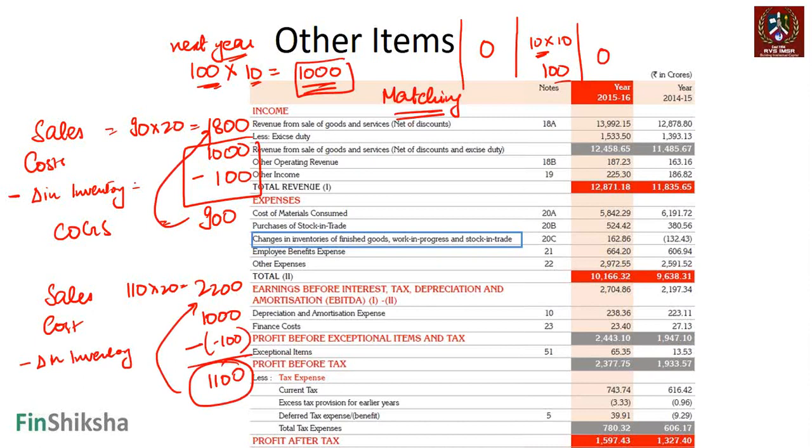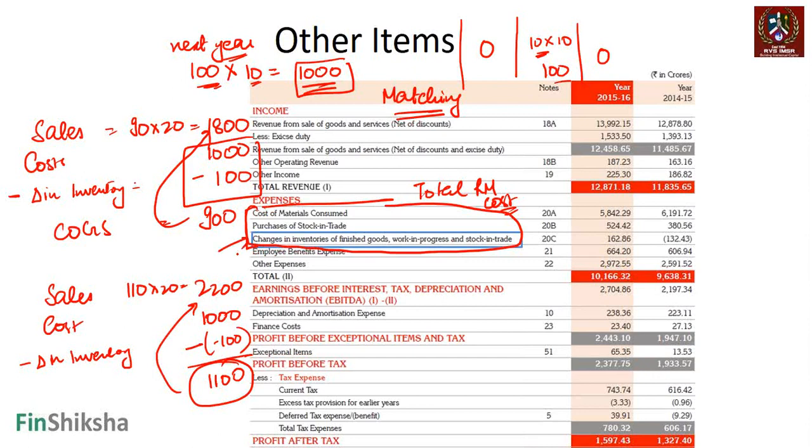So in simple terms, all we need to do is add these two together and purchase of stock in trade as well. So add these three items together to get the total raw material cost for any company in the manufacturing space. In the non-manufacturing space, you will not see this line item anyway. For services companies, we don't see these data points.